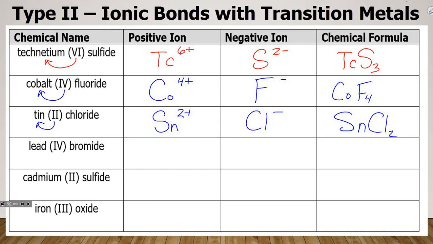Okay, do the last one on your own. Okay, I'm going to put 2 of them up. Let's see how you did on the first 2, and then I'll wait for the last one for a minute. Cadmium is number 48.